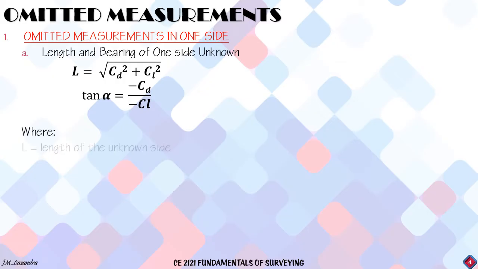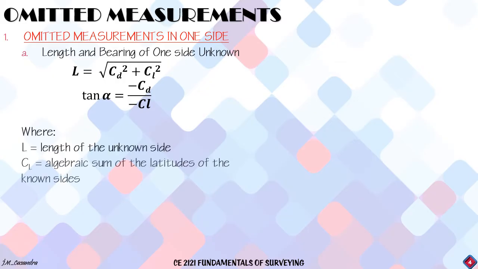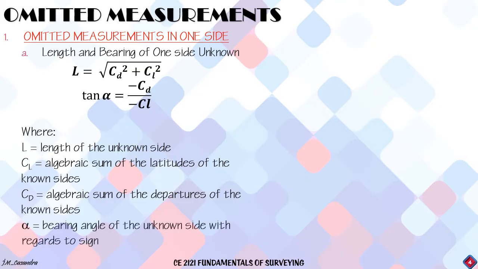So L here is the length of the unknown side. CL is the algebraic sum of the latitudes of the known sides. CD is the algebraic sum of the departures of the known sides. And alpha is the bearing angle of the unknown side with regards to the sign.